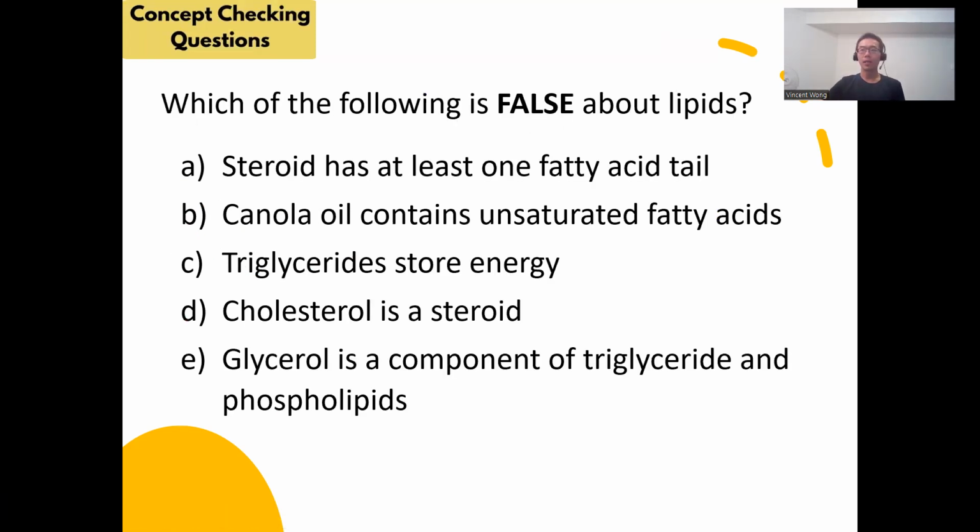Which of the following is false about lipids? Just one correct answer. I'll let you read it first.